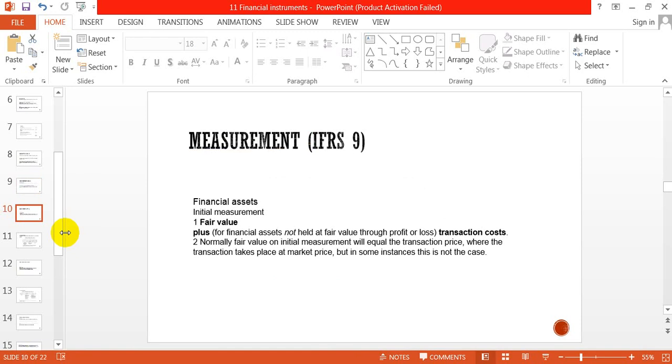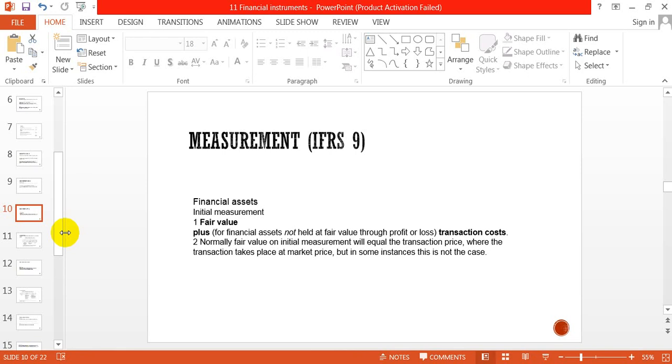Measurement, like we've seen before, there is initial measurement. Financial assets also have initial measurement. A financial asset, initially it's measured at fair value plus transaction costs, for those financial assets not held at fair value through profit or loss.